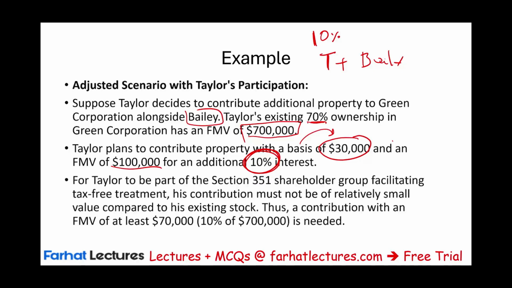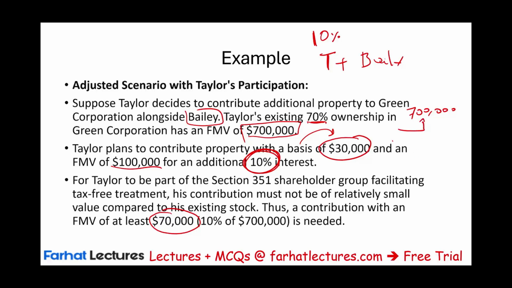Now, for Taylor to be part of this section, his contribution must not be of relatively small value compared to his existing stock. So in other words, you cannot just contribute a small amount. The contribution must have a fair market value of at least $70,000. What's $70,000? Because right now Taylor owns 70%, or his value in the corporation is $700,000 out of $1 million.